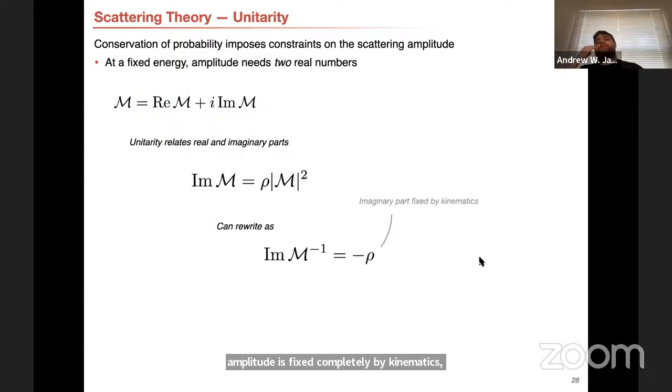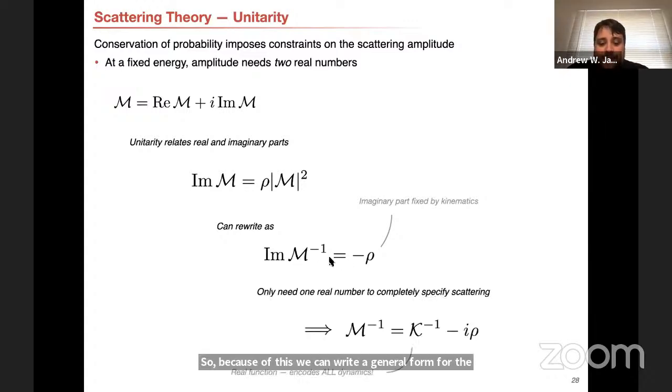So here we were saying that the scattering amplitude encodes all the dynamics of the system. This unitarity condition essentially fixes part of the amplitude to be completely described by kinematic quantities of two particles interacting. Because of this, we can write a general form for the scattering amplitude just by recognizing that we only need one real number to satisfy this equation and specify any scattering amplitude.